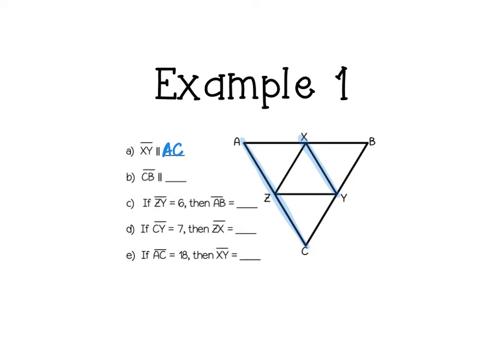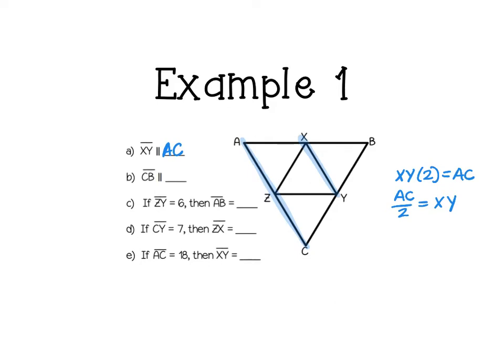XY is going to be half of AC, or AC divided by 2 will equal XY. XY times 2 will equal AC.